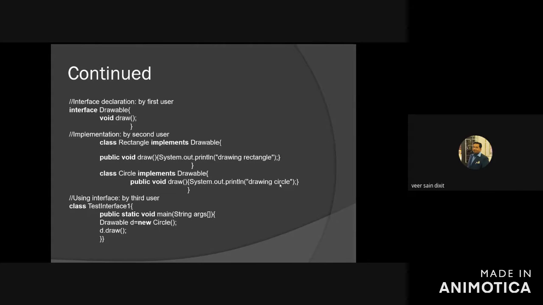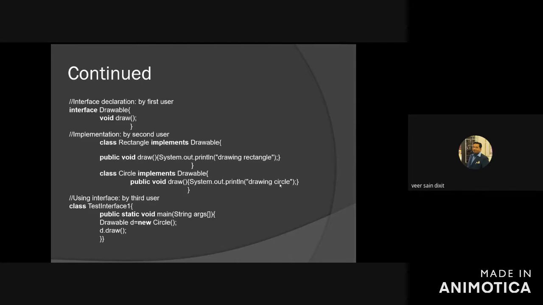Here we have created an interface. The name of that interface is Drawable. There is a method draw within this, and this is an abstract method because there is no body for this method. You are just declaring it.